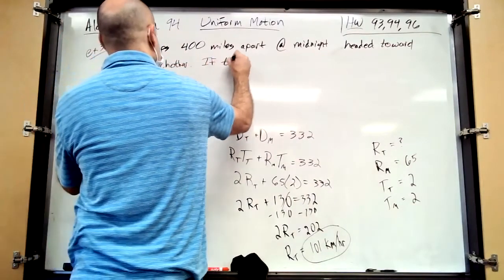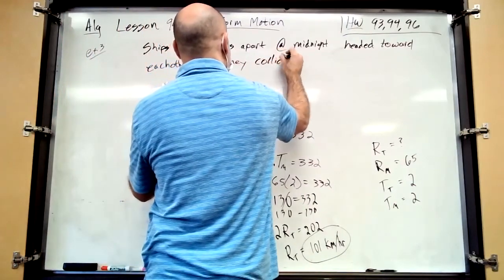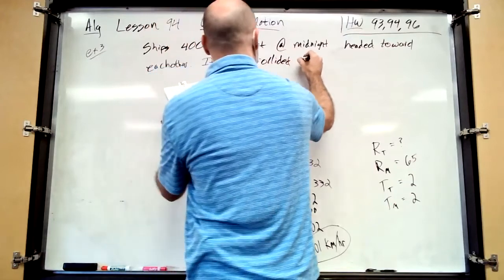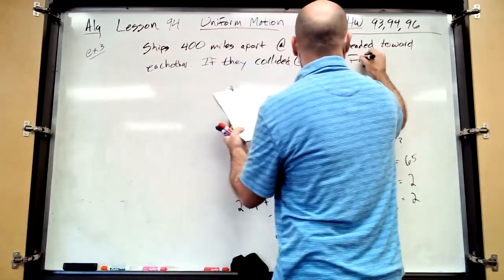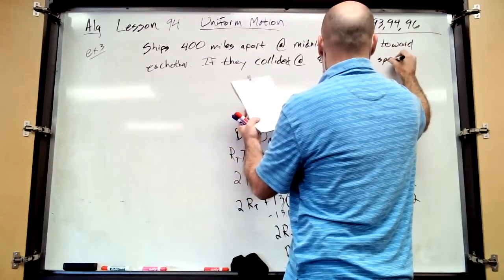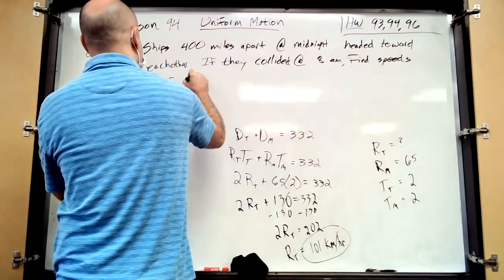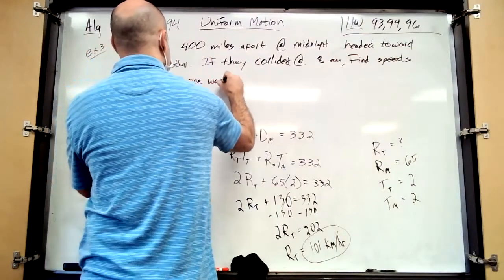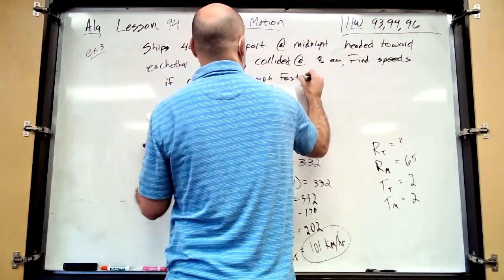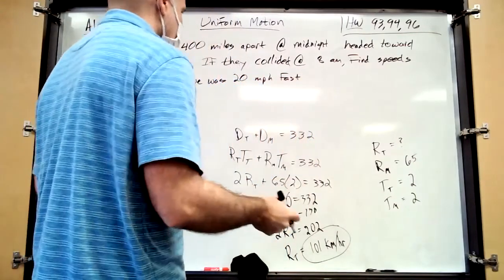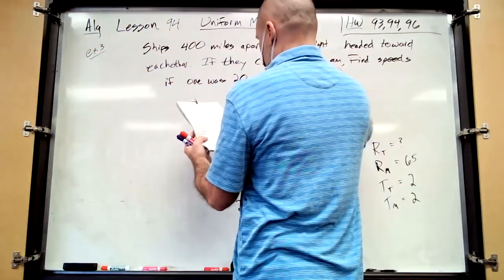If they collided, oh, okay, maybe not. If they collided, what kind of sick problem is this? At 8 a.m., find the speeds if one was 20 miles per hour faster. Really, they use miles per hour with ships, but not trains.